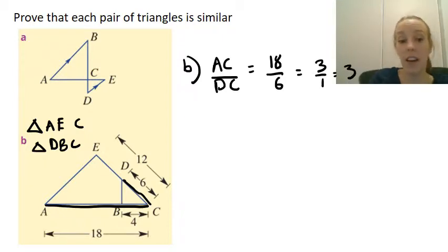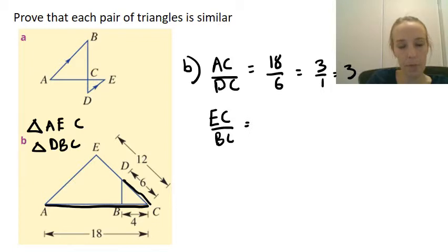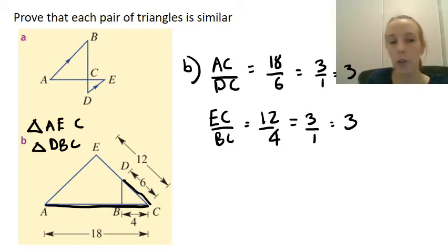We're also given another side for both of them. In our larger triangle, we're given EC, and in our smaller triangle, that corresponds with BC. So that's 12 over 4, which is 3 over 1, which equals 3. So we can see there that the sides are corresponding.